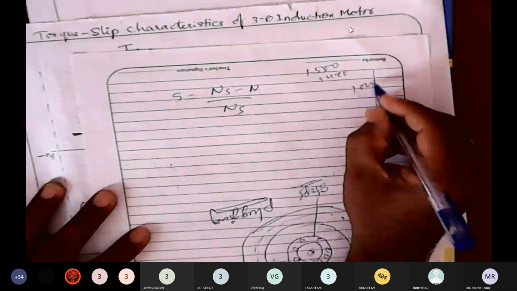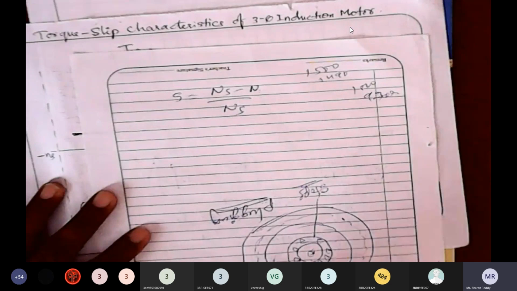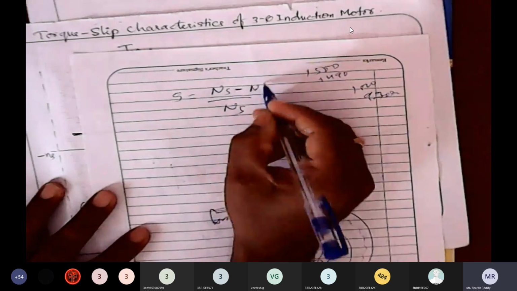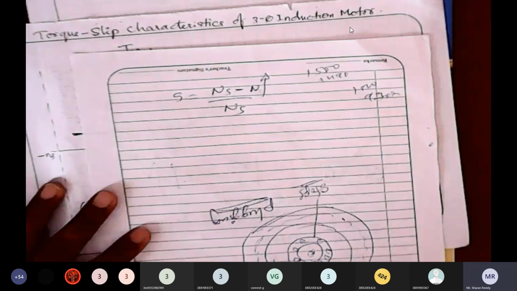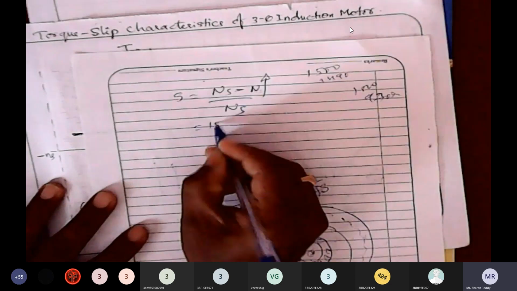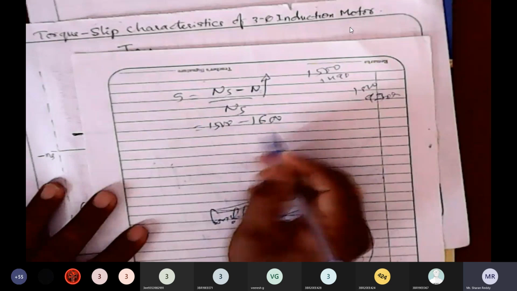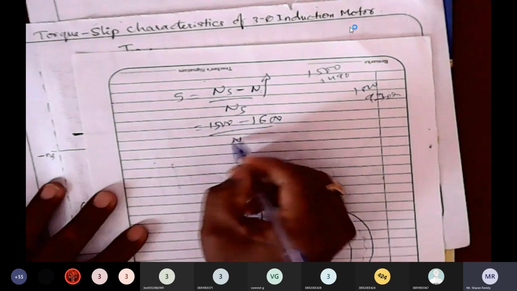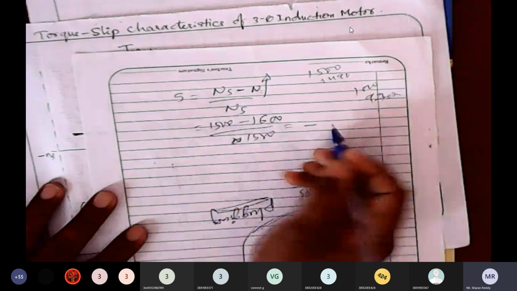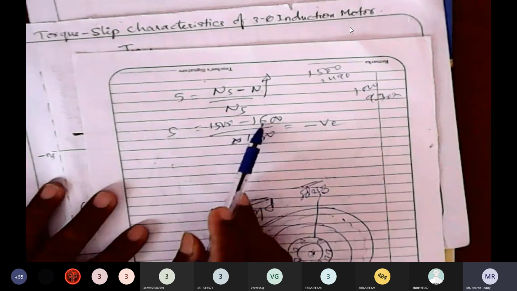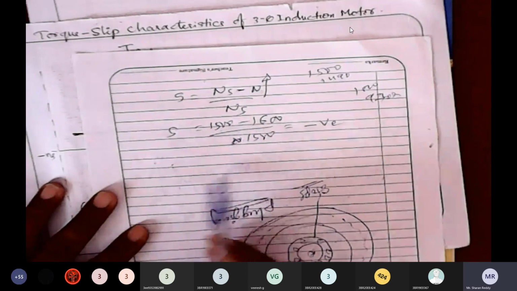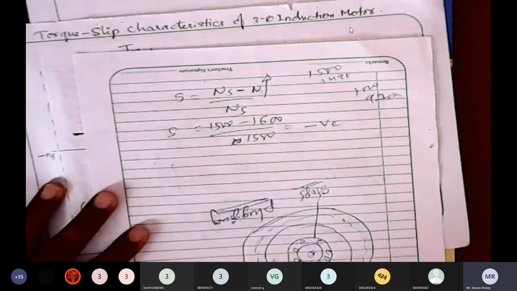But when the rotor speed is more than the stator rotating magnetic field, that is, you run the motor above ns, say 1500 versus 1600 rpm or 1800 rpm, the value of slip becomes negative, because n is greater than ns. We are running the rotor by some extra mechanism above the ns value.